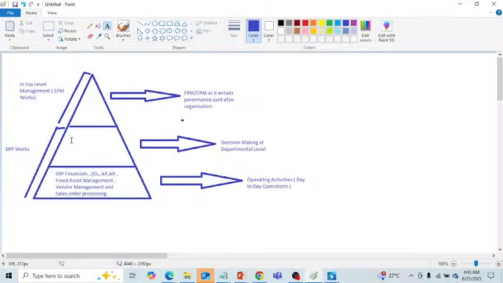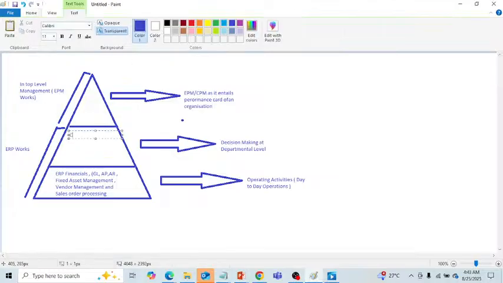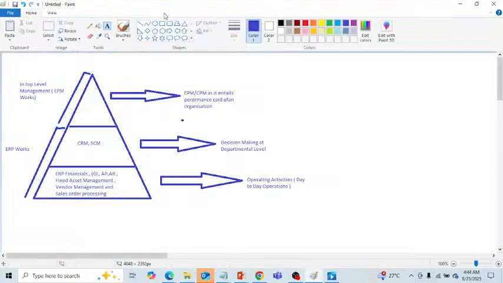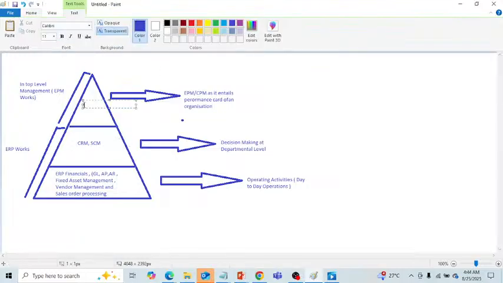And here in the middle level management, CRM, SCM, that is supply chain management, works, and departmental level planning is also done here. And this section is for the decision making for the whole organization, which is totally the work of EPM.